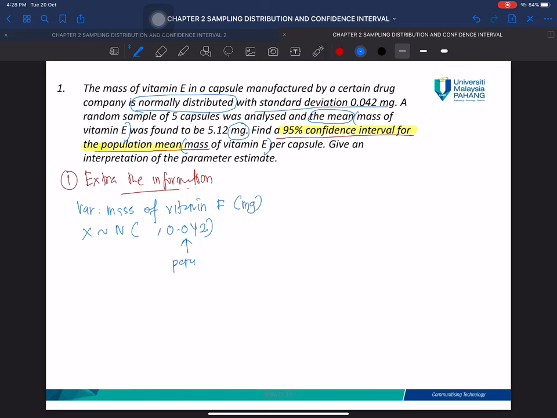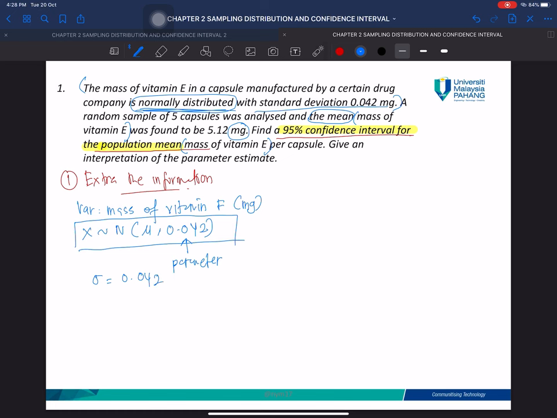When we transform this sentence into mathematical writing, it is normally distributed with mu, the population mean, and the standard deviation, so it is a parameter. When you have the words normally distributed, it gives parameter values. So automatically 0.042 is your sigma.